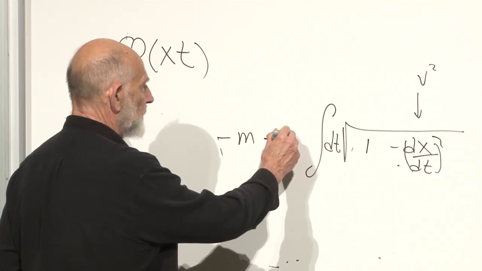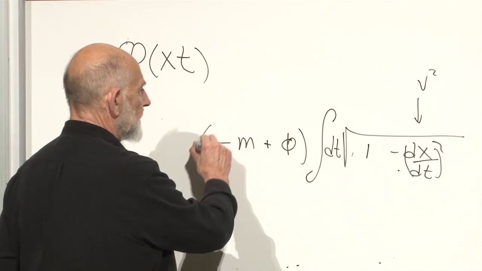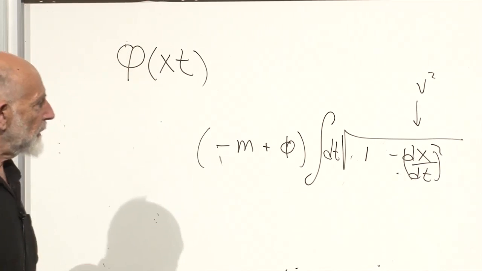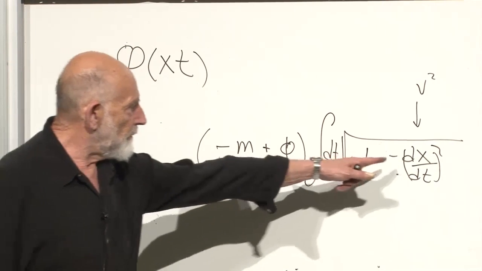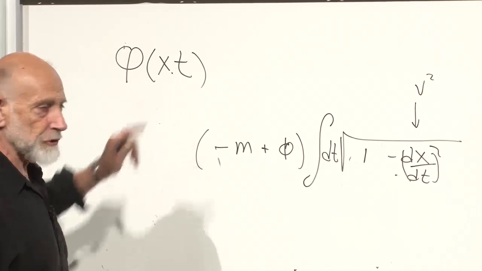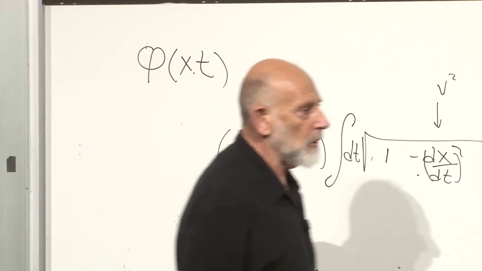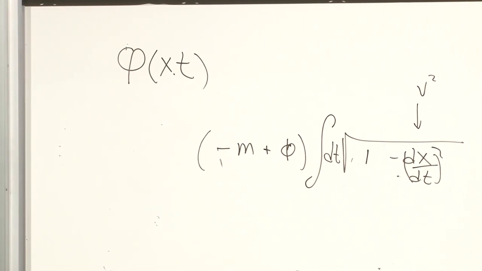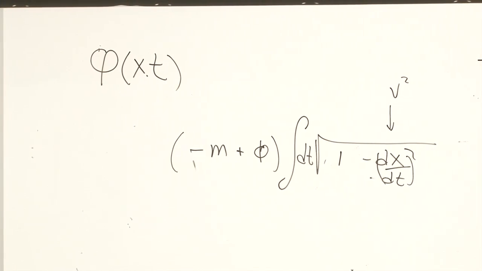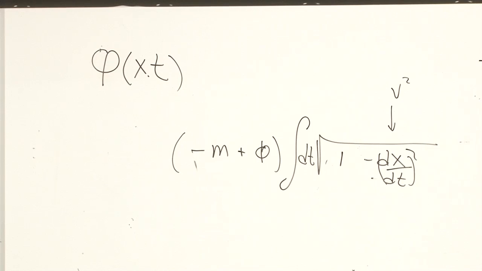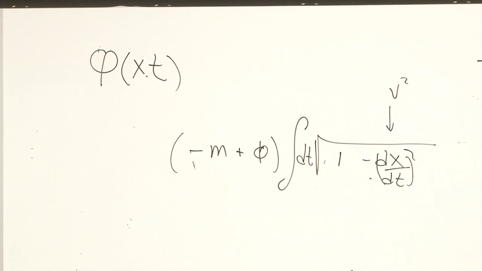Let's just call it plus phi. There would be a possible Lagrangian for a particle moving in a pre-established field. For the moment the field has been given to us, we're not going to ask how it got to be the way it was. We're asking, how does the particle move in the field?